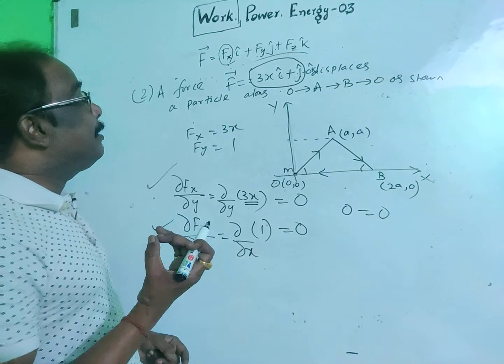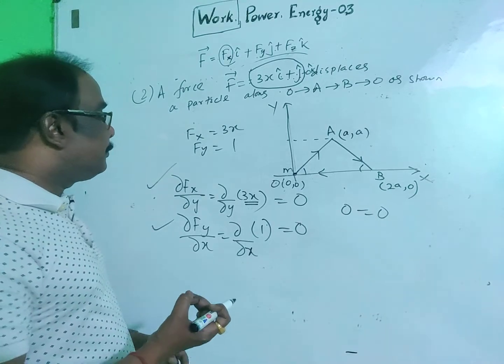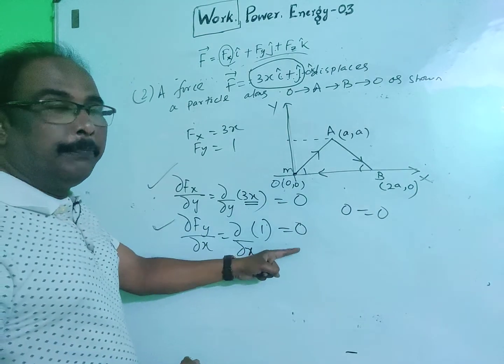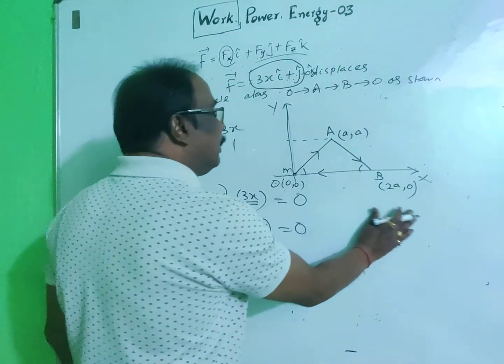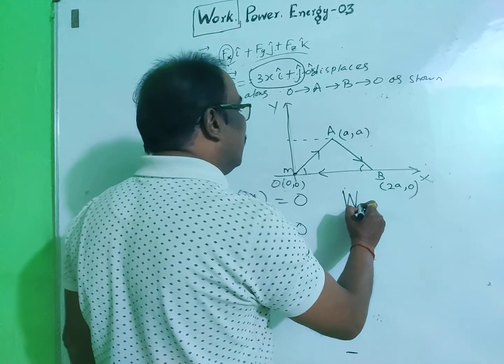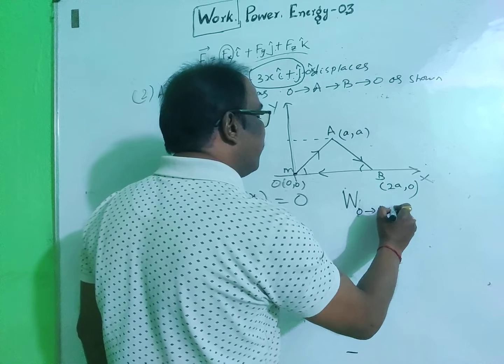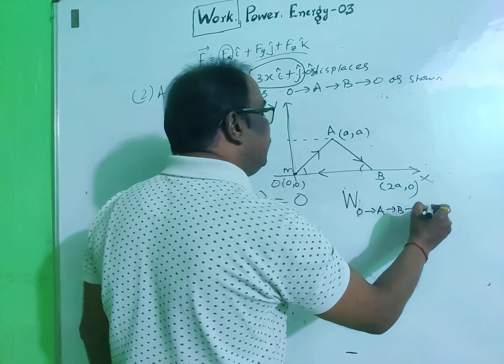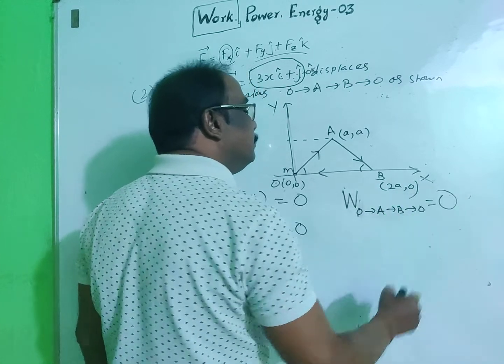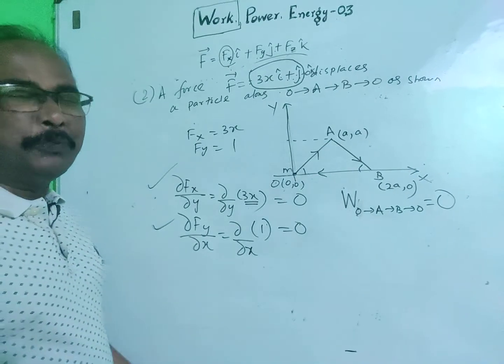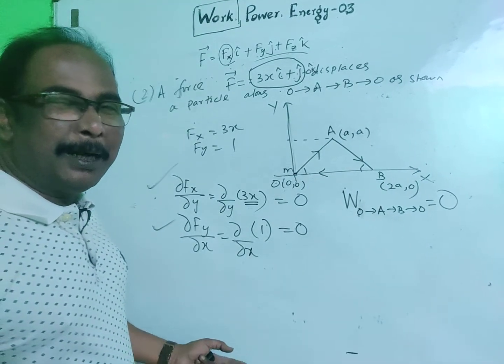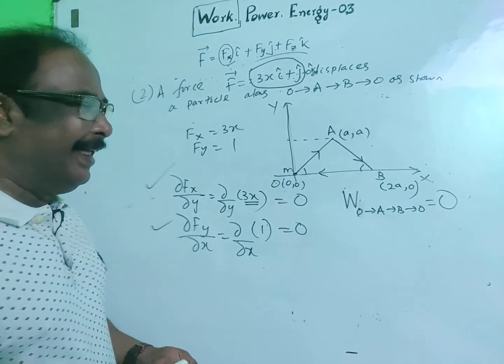So the condition for conservative force is proved. If these two are same, then the force is conservative, and in this case the total work from O to A, A to B, and B to O is equal to 0, because the force is conservative. No need to calculate. Okay.